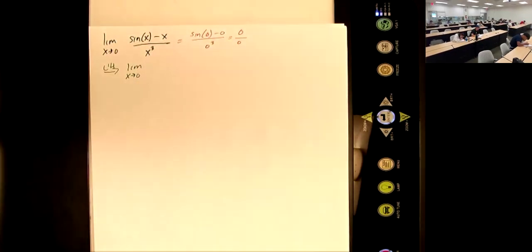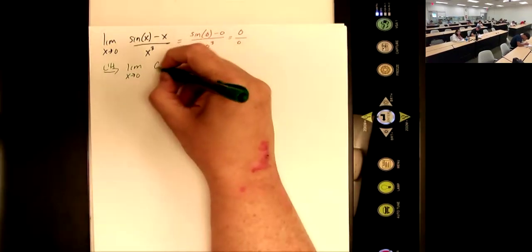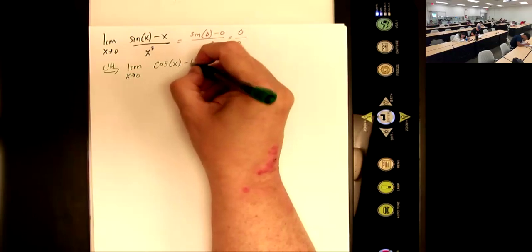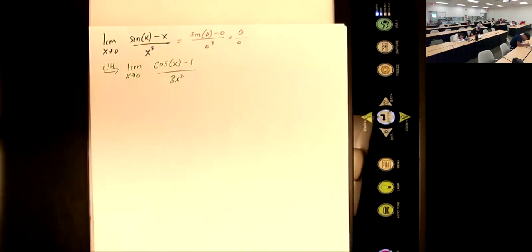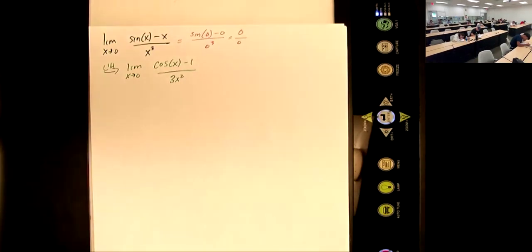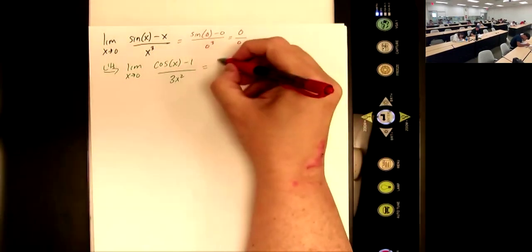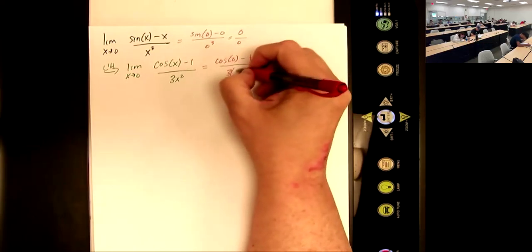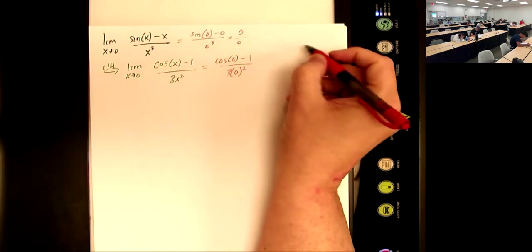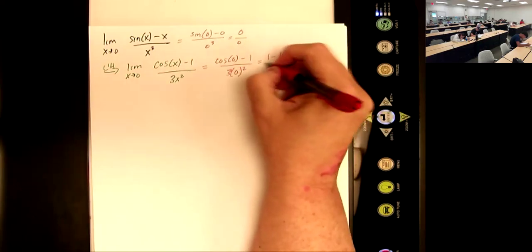What's the derivative of the top here? Cosine x minus 1 over 3x squared. So let's put in our 0: we get cosine 0 minus 1 over 3 times 0 squared, 1 minus 1 over 0.